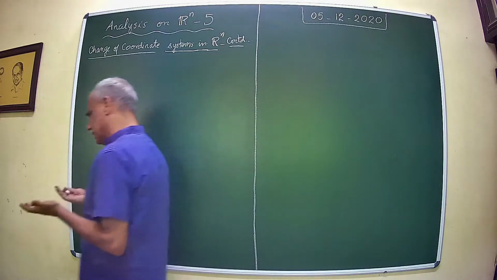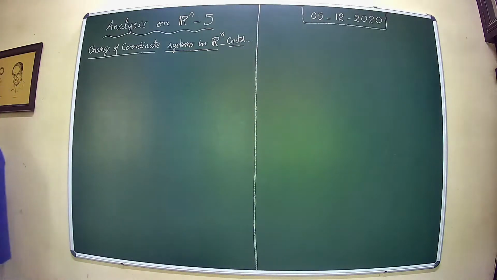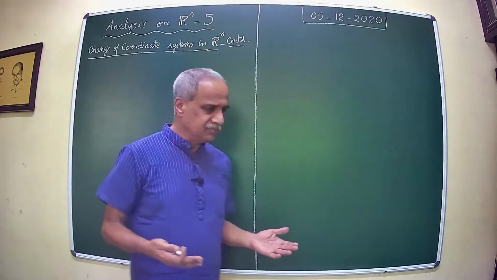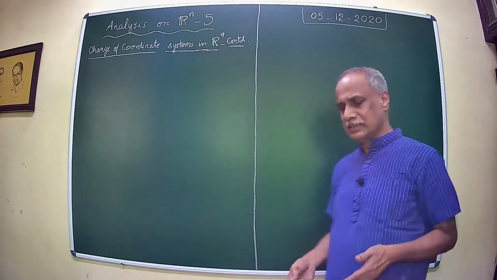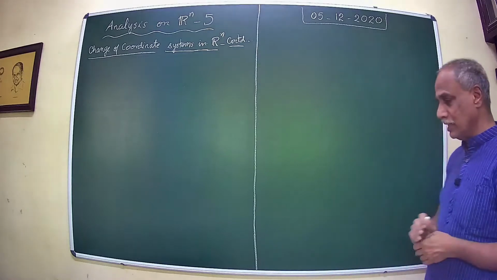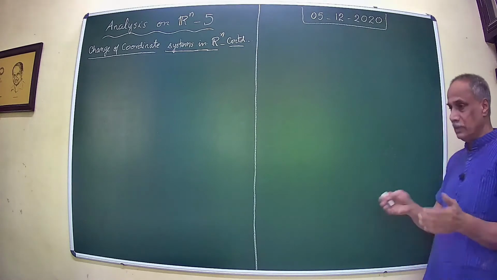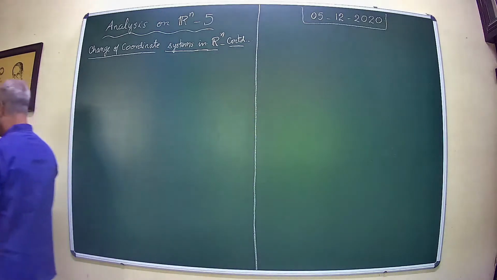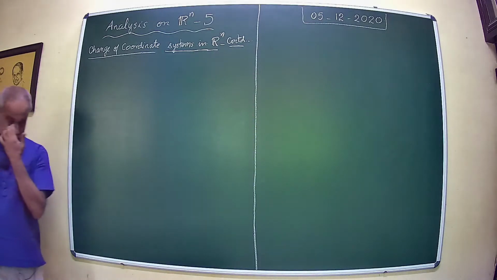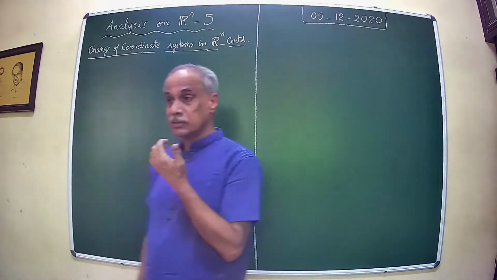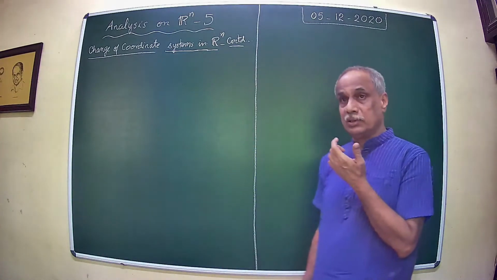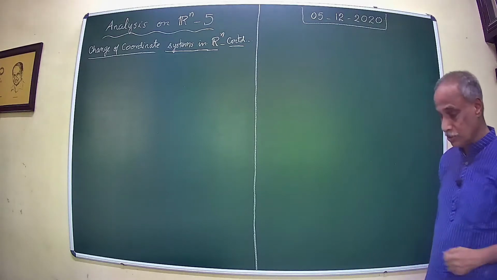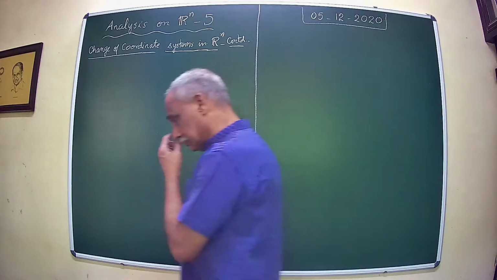Given a set of linearly independent vectors, you can construct a basis which contains in it the given linearly independent set. So all this is possible. Therefore, there is a very definite way of constructing a basis.